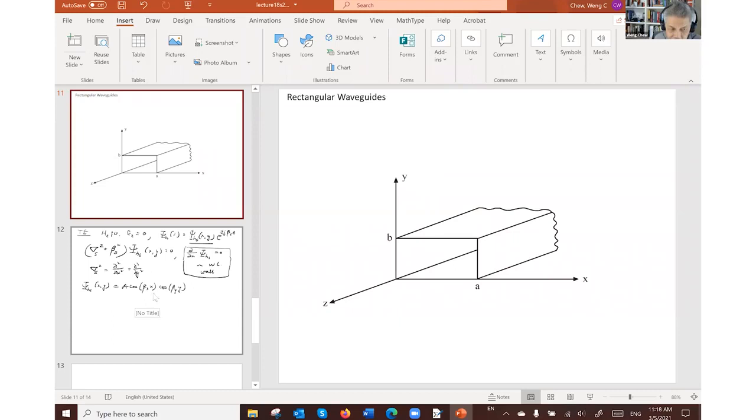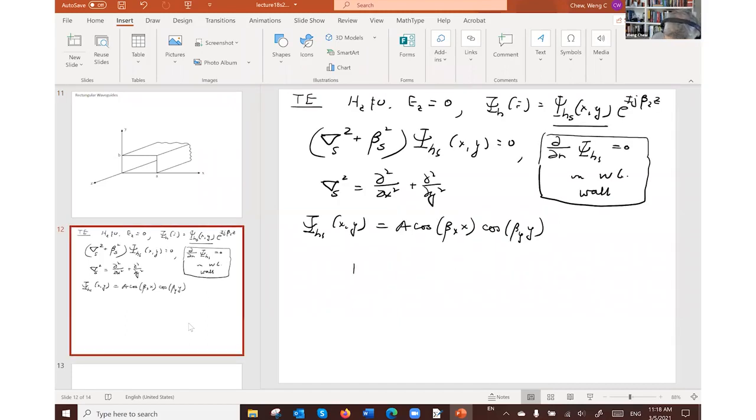Okay, you differentiate with respect to x, this becomes a sine. You differentiate with respect to y, this becomes a sine. You impose the boundary condition to be 0, then you will find that, in fact, beta x has to be m pi over a, and then beta y has to be n pi over b. Okay? And those are the beta x and beta y that you have found.